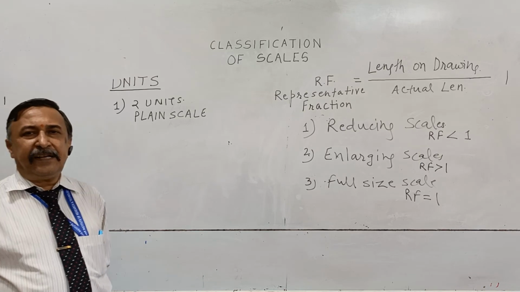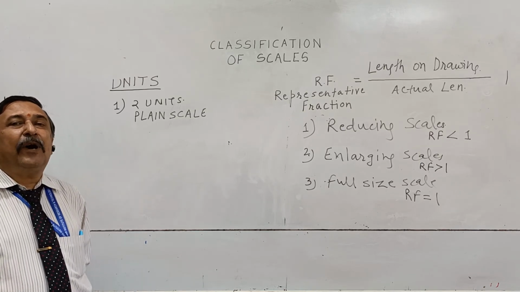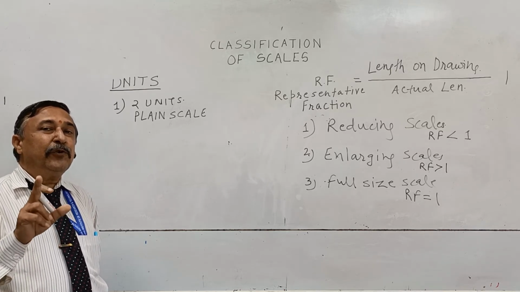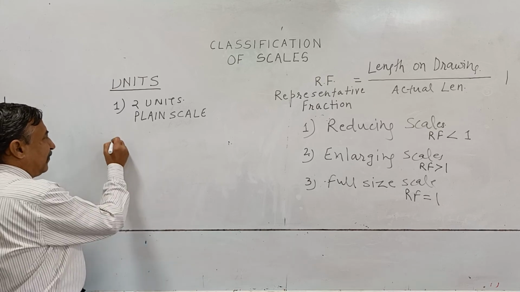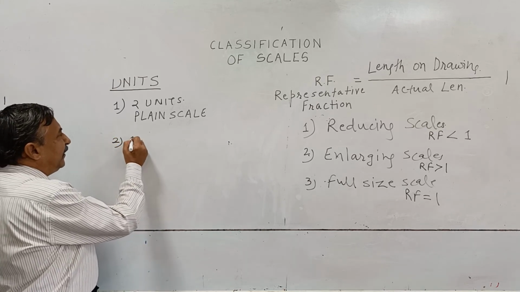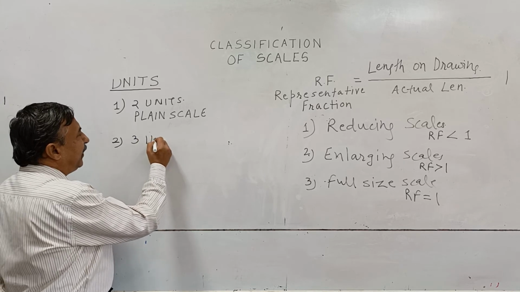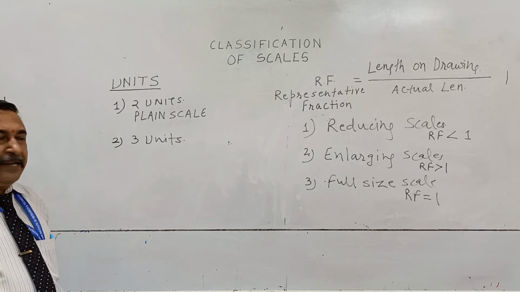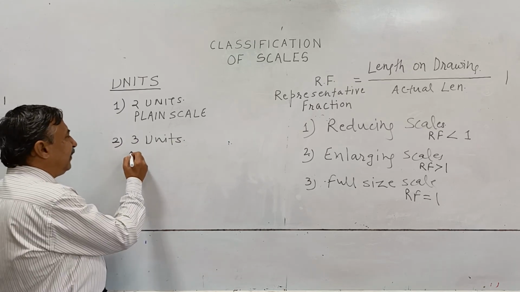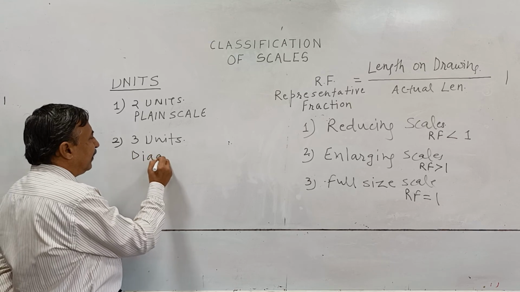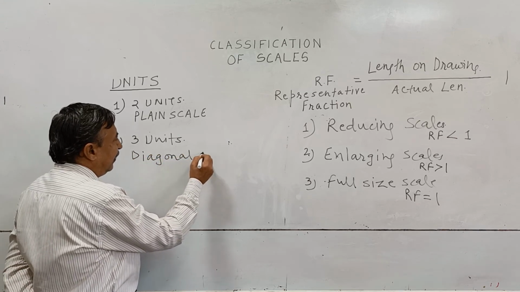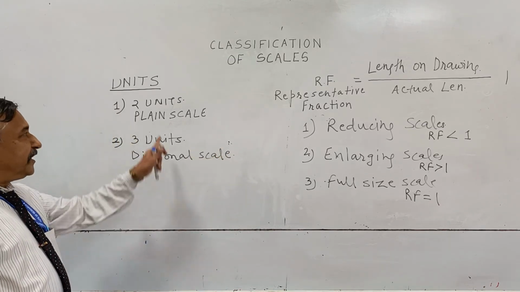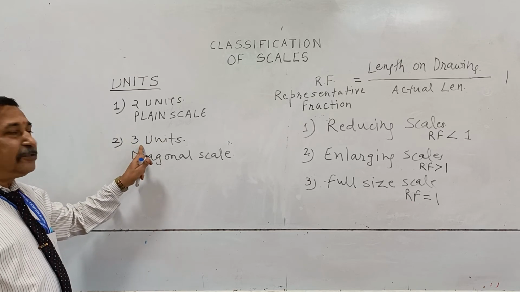You can easily understand that the scale you are using now is a plain scale, because it has 2 units. Another classification: if your scale has 3 units, then the scale is called a diagonal scale. So we are changing the units. This is 2 units, this is 3 units.